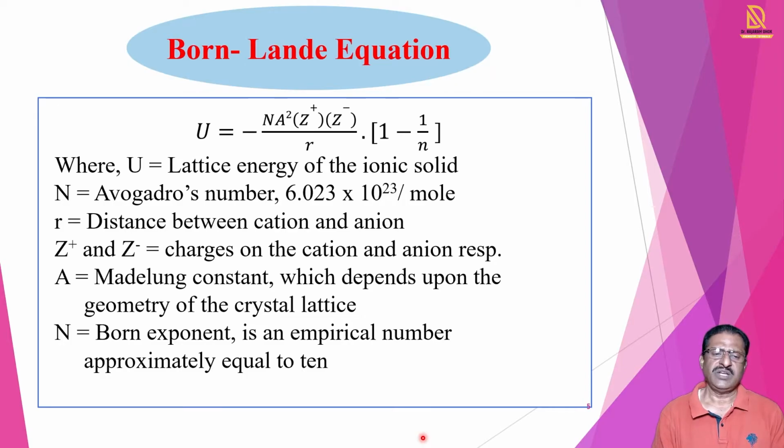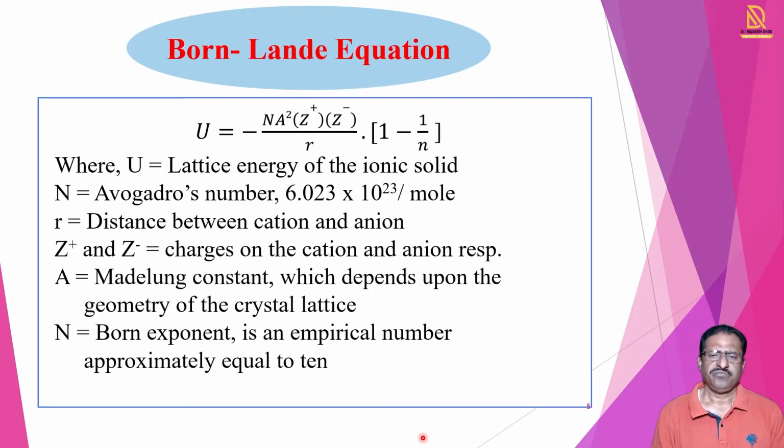R is the distance between cation and anion, or we say that is the internuclear distance. Z plus and Z minus are the symbols used for the charges of cation and anion. So how much charge is on the cation and anion is shown by Z plus and Z minus. Z plus means cationic charge, Z minus means anionic charge.